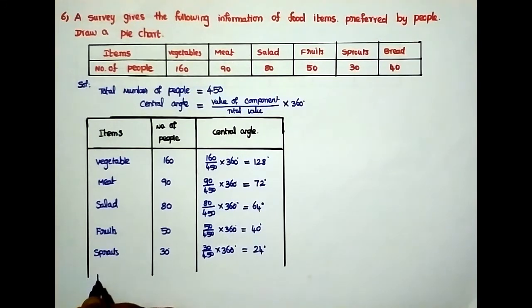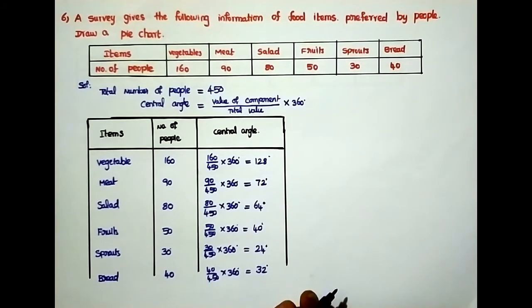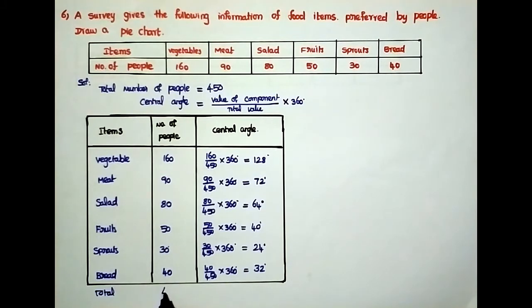Next one, bread, that is 40. So 40 divided by 450 into 360 means we get 32 degree. Now the total: here 450 and here 360 degree.